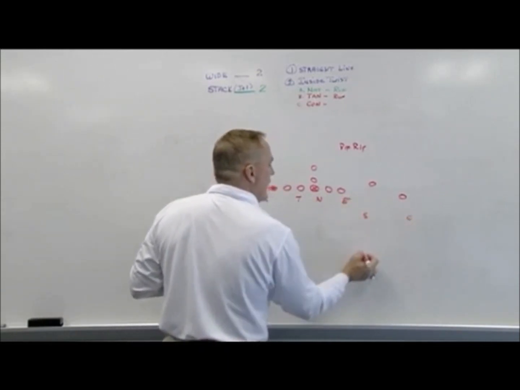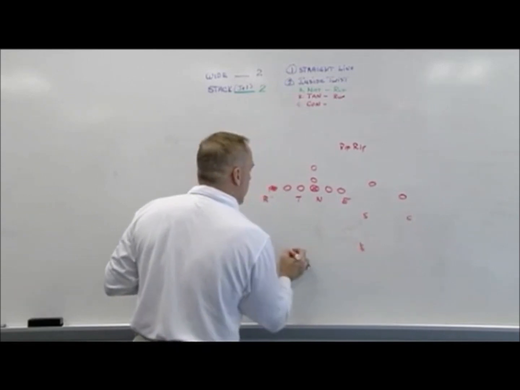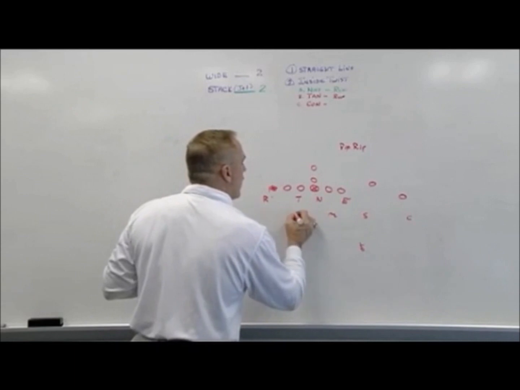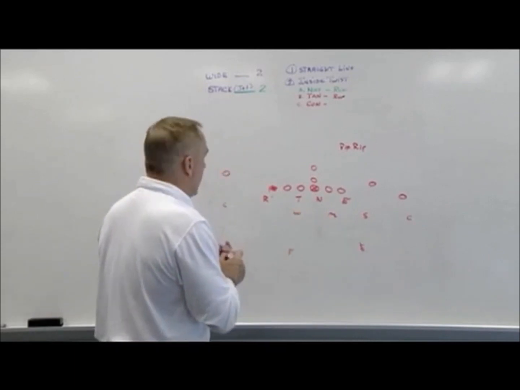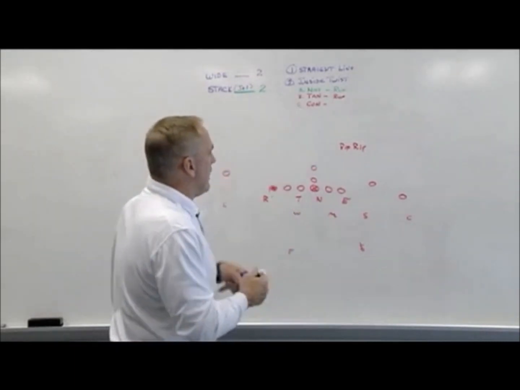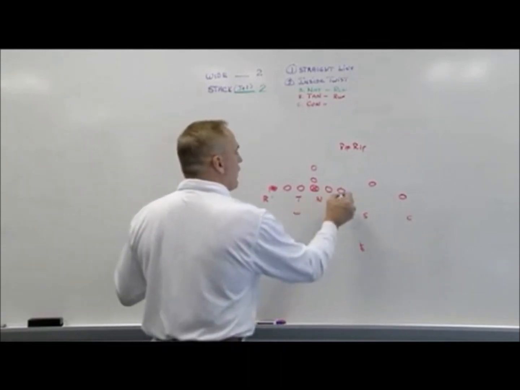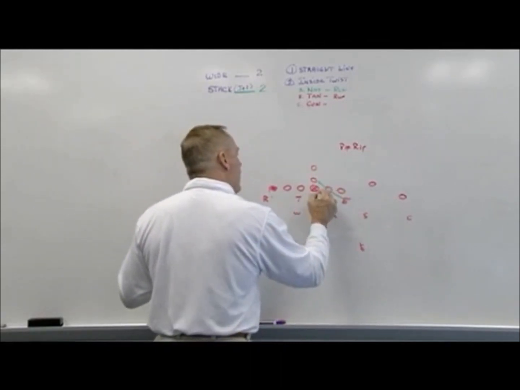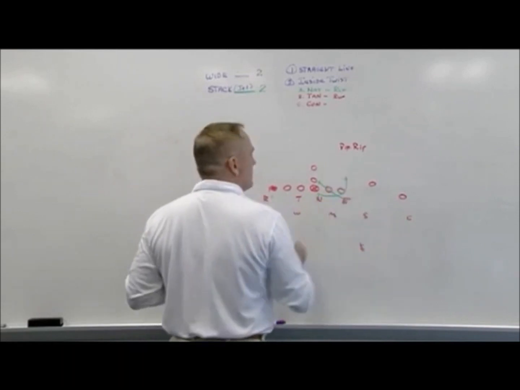And again, we can play quarters coverage. We can play cover 2. We can play cover 3. We can play quarter, half. All right, now let's take the word con. That means our contain end is first. Our nose loops around.